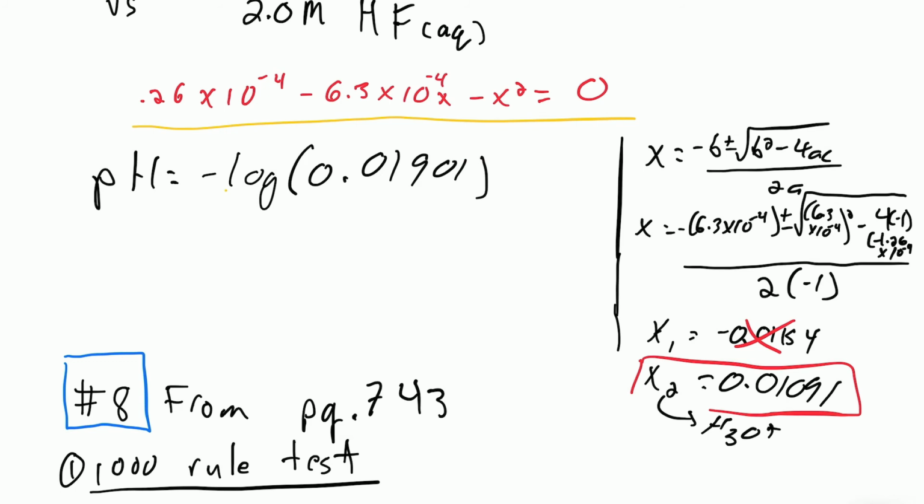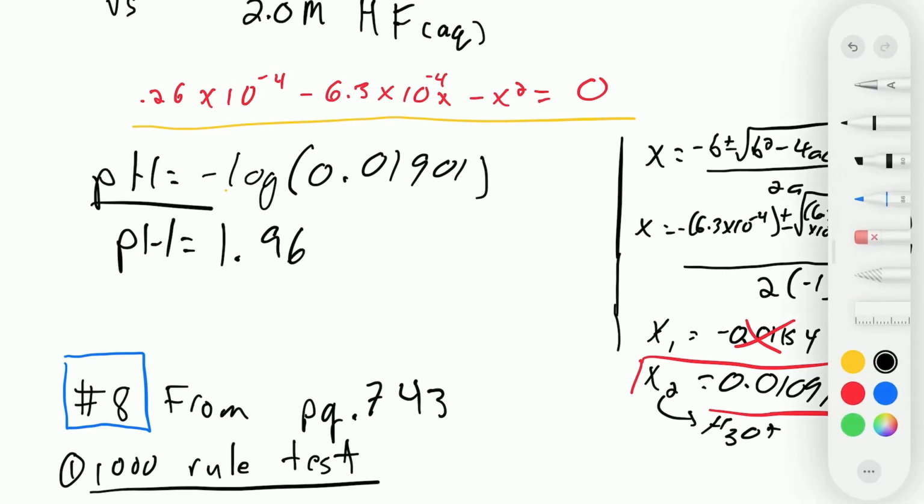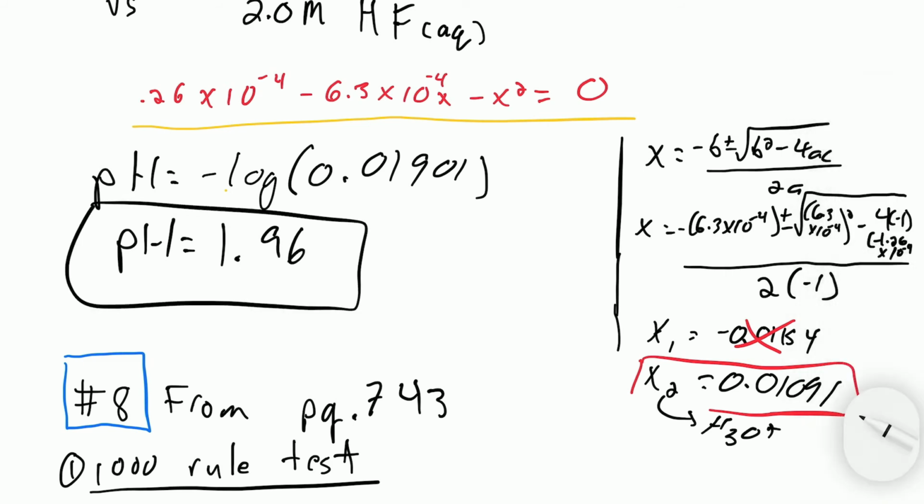And when we plug that into our calculator, we end up getting a value of about 1.96, and that's the pH of this. So when the 1000 rule doesn't work, it becomes much longer.